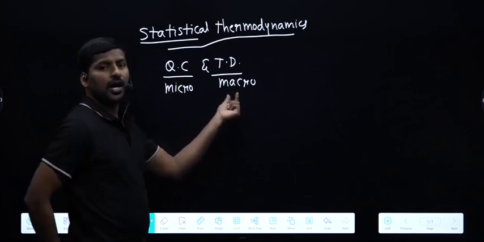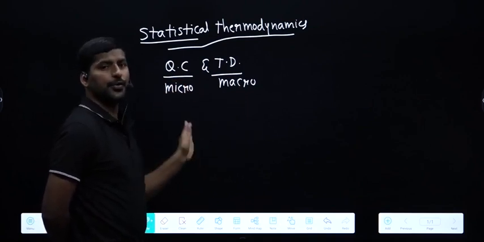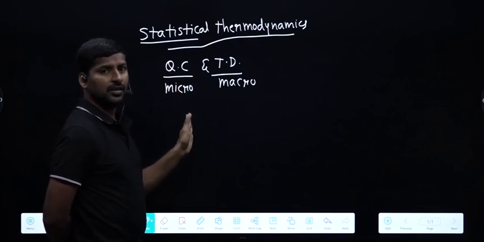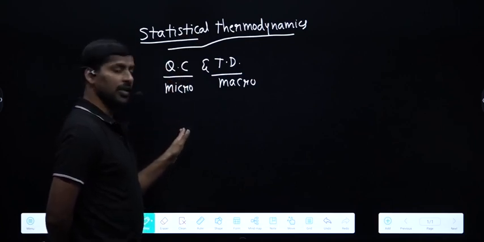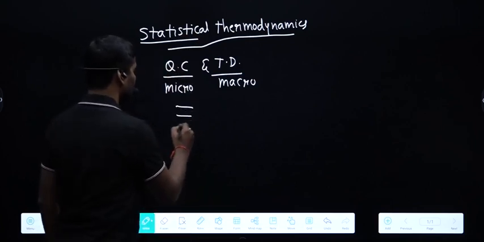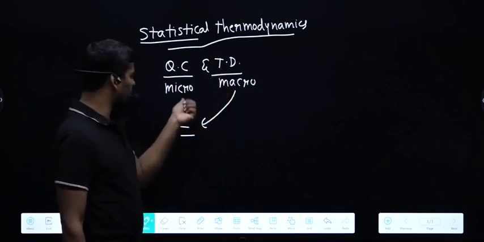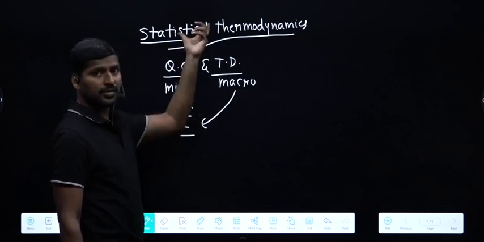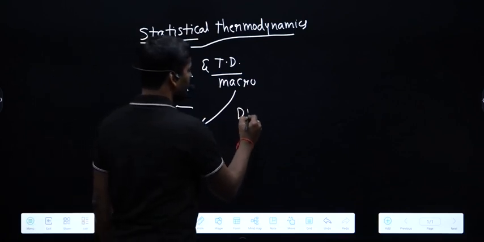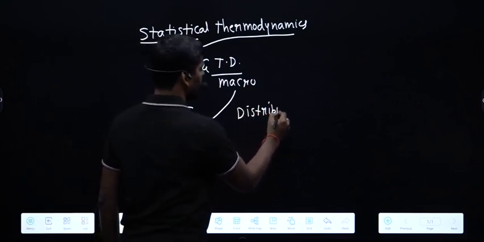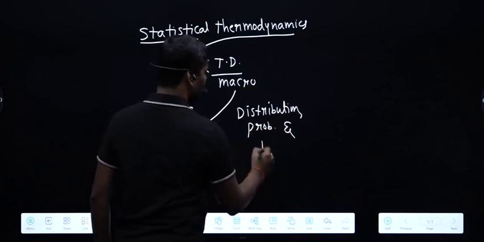If you take a large number of molecules in the system, how those molecules are distributed among the various possible energy levels, that we can study under statistical thermodynamics, by using the concepts of distribution, probability and partition function.